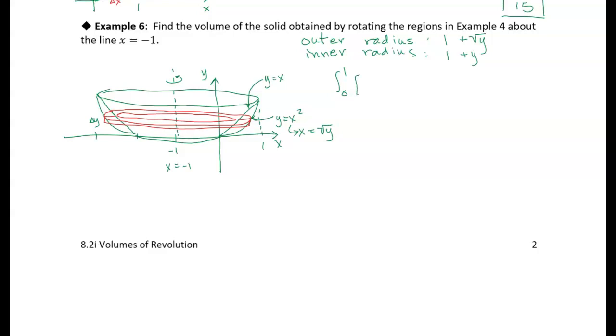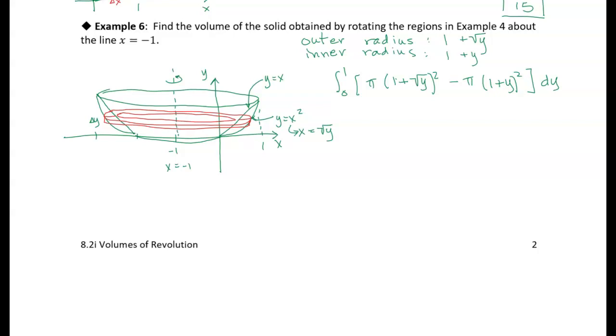So we're going to get pi times the outer radius squared, 1 plus the square root of y, squared, minus pi times the inner radius squared, 1 plus y, squared, and then dy. Okay.